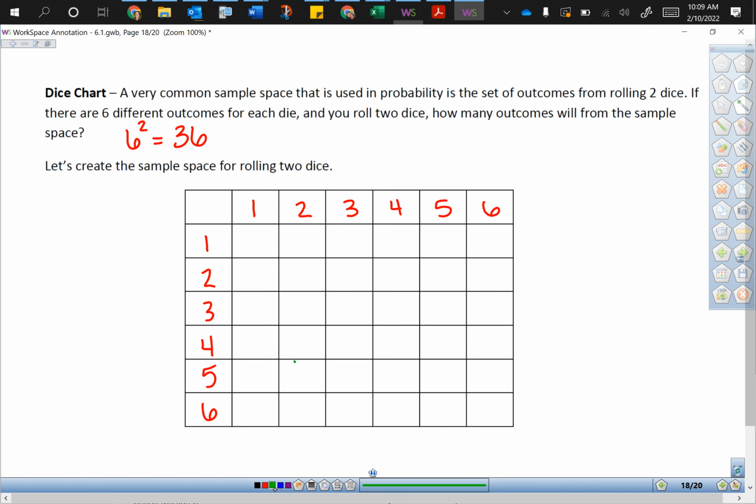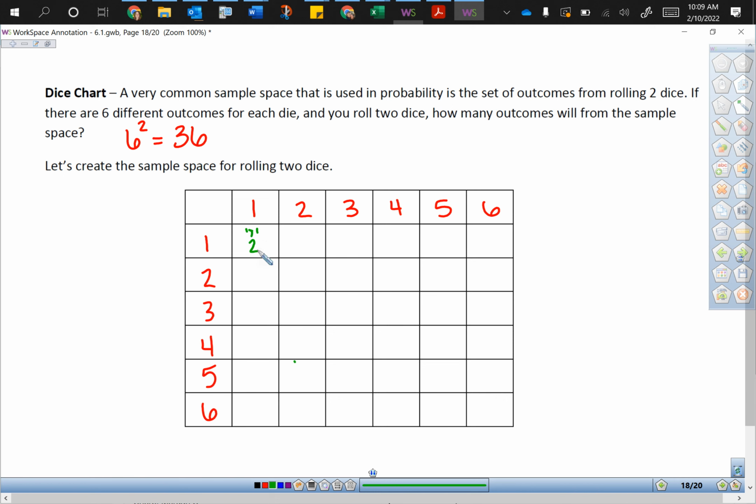Now the sample space for this is going to look a little different. If I roll the first die and I roll a 1, then I roll the second die and I get a 1, what would the sum of those 2 dice be? 2, right?